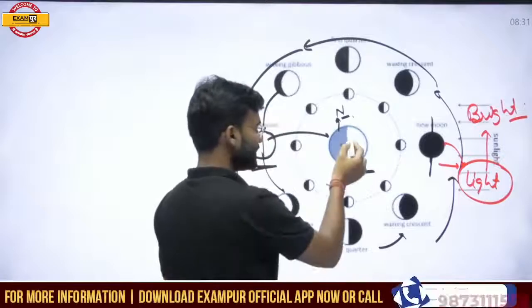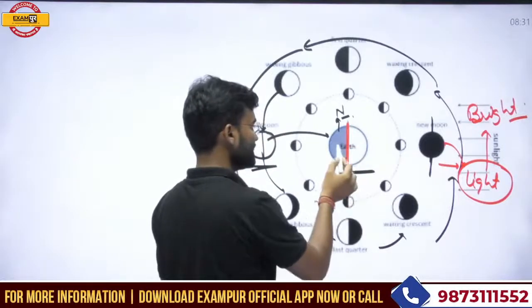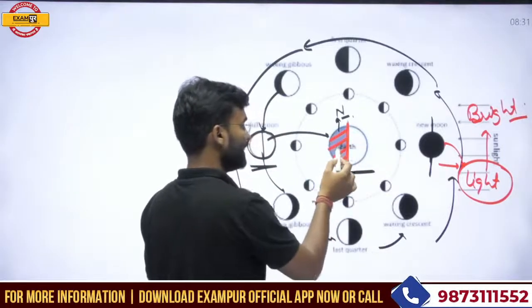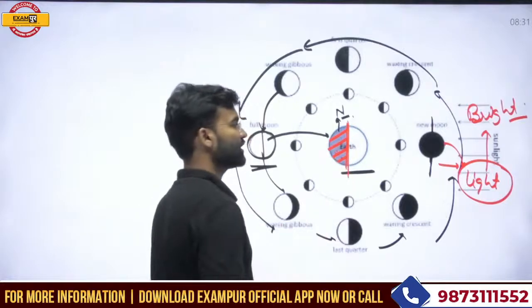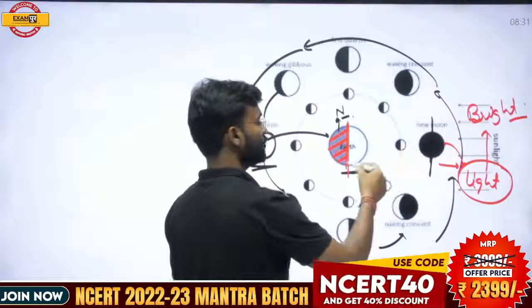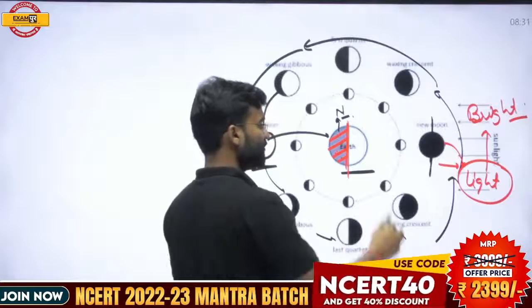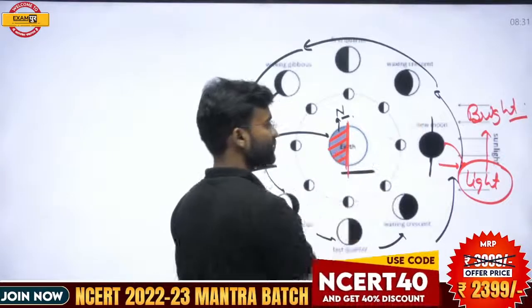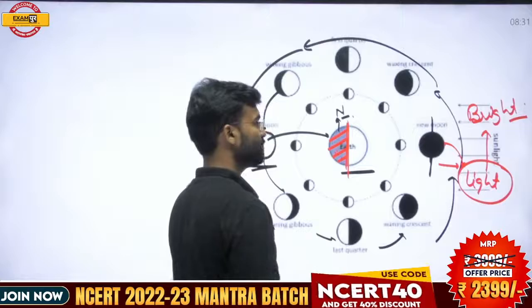And on the Earth's surface, this is the night condition. So in the night, the moon does not appear on the Earth, because the moon is located at the opposite position.